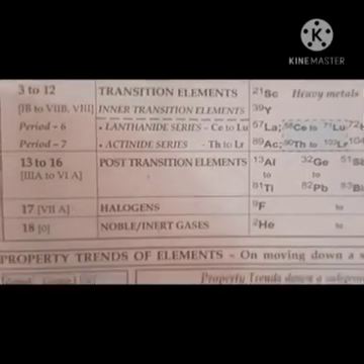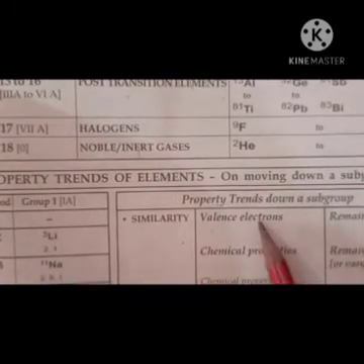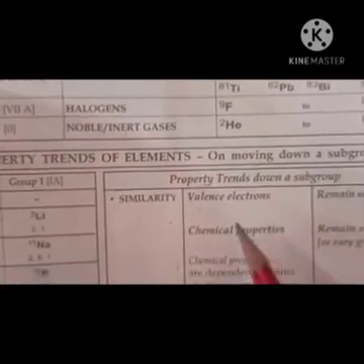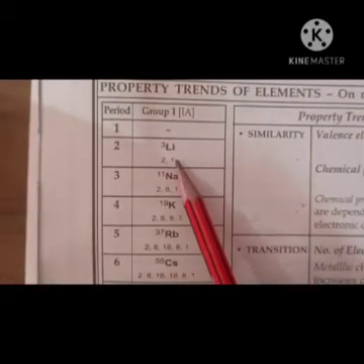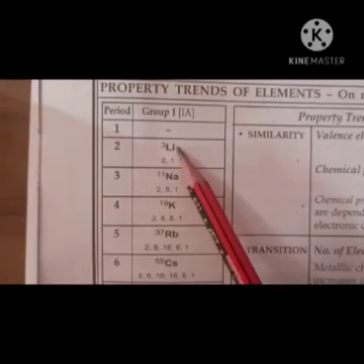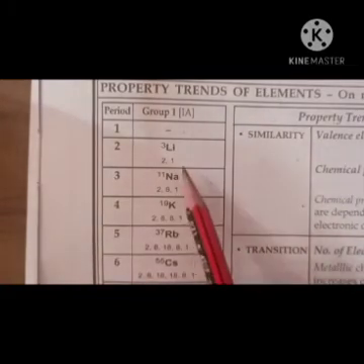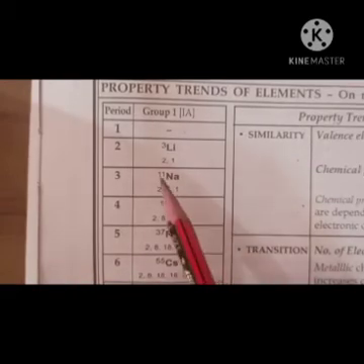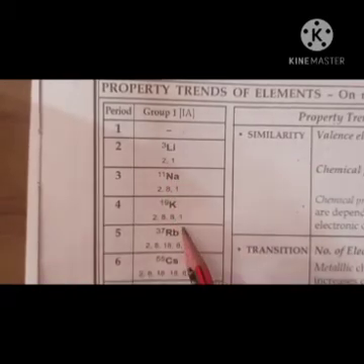Now, what is the property trend of elements on moving down a group? Just remember, if you look at the first group, the number of shells increases by 1. When you move from top to bottom, the valence electrons stay the same, but the number of shells increases by 1.